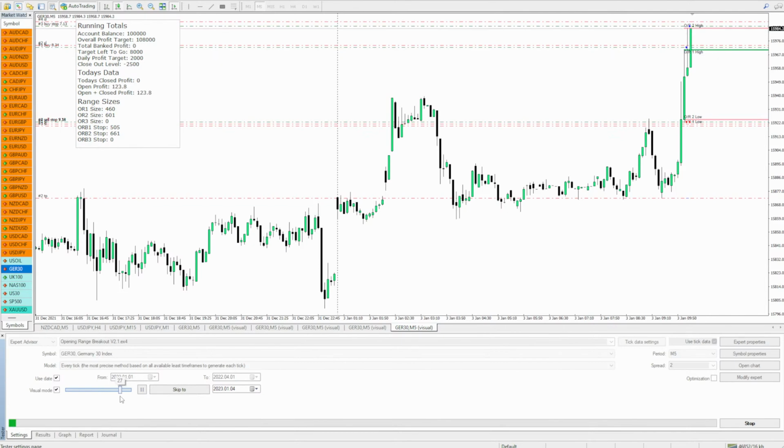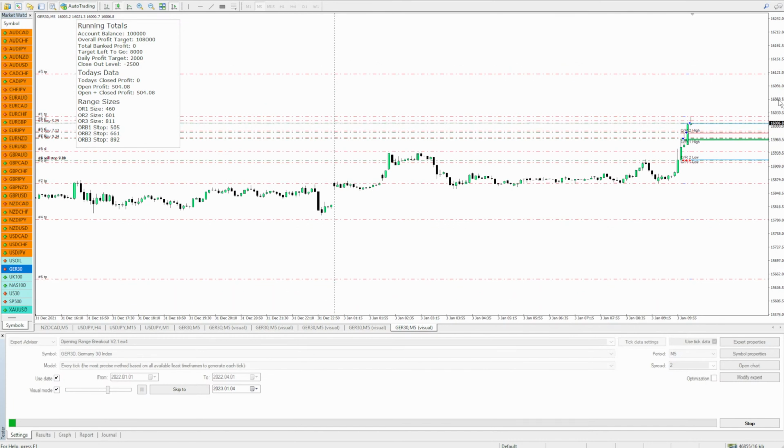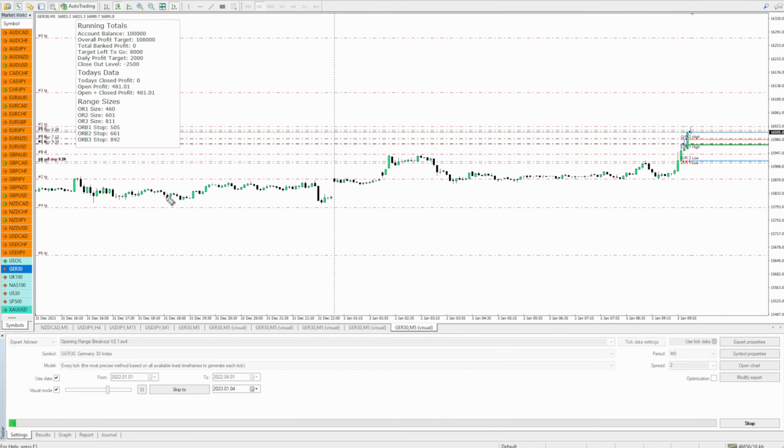Okay, there's 1, 2, 3. So it's taken 3 trades, and you can see the TPs on them are all at different levels. So the first trade was here, and the TP is there. So that is a 1-to-1 risk reward.